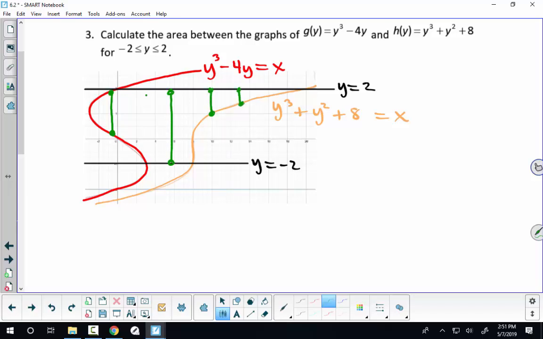But notice, even for this first one on the left that we drew, we would say the top and the bottom are defined by the same function. It's a little bit misleading, because if I want to know what the top is and what the bottom is here and here, then I have to express this function y cubed minus 4y in terms of x. In other words, I would have to solve both of these equations for y.